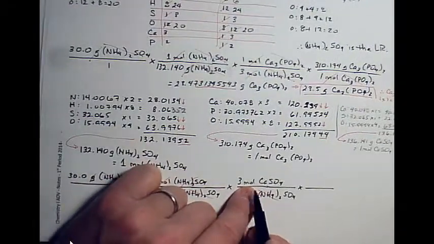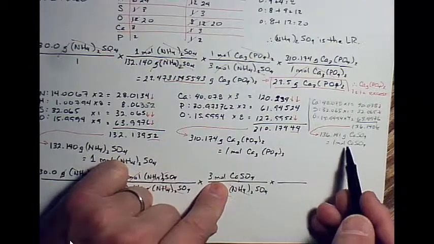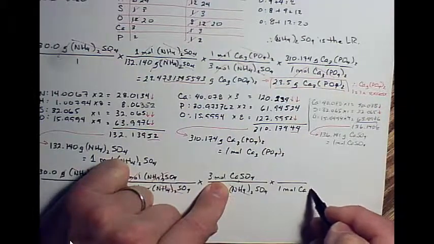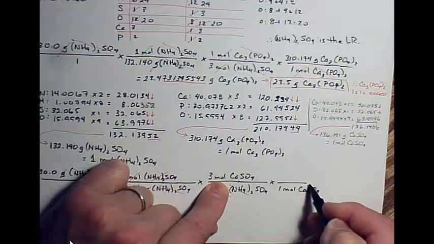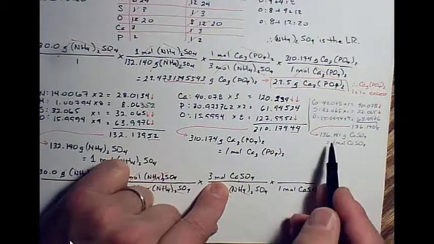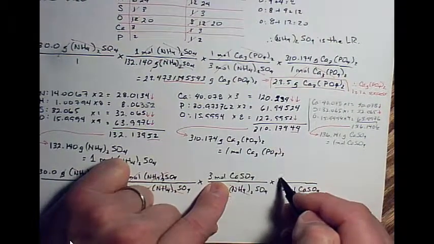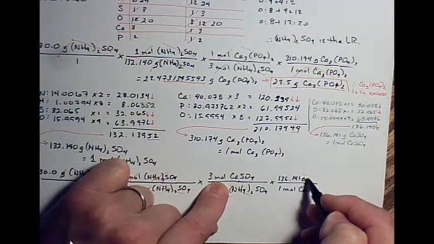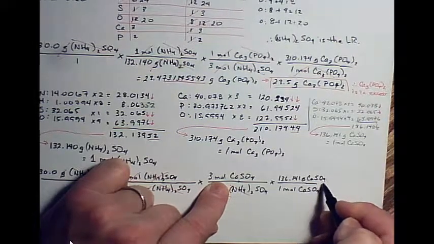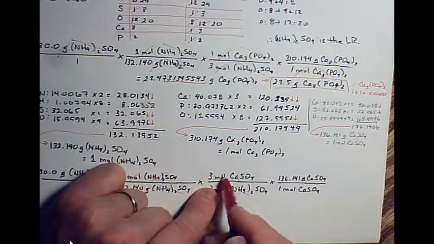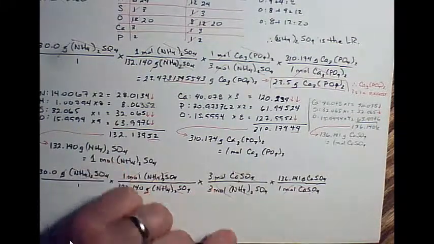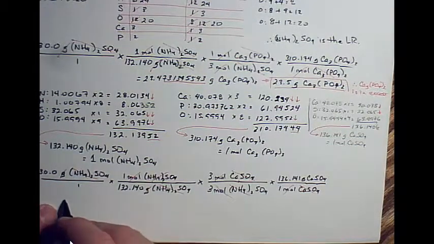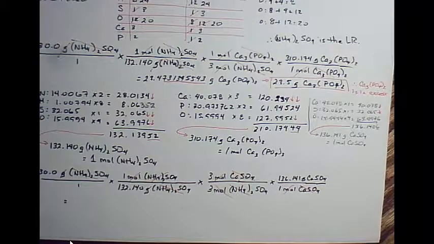Since I've got moles on the top here, I want moles on the bottom here, and the side of the equality statement with moles is right here. And the side with grams, which is what we're going to look for, is there. 136.141 grams of calcium sulfate. Cancel out moles. Cancel out calcium sulfate. And we're ready to do the math.